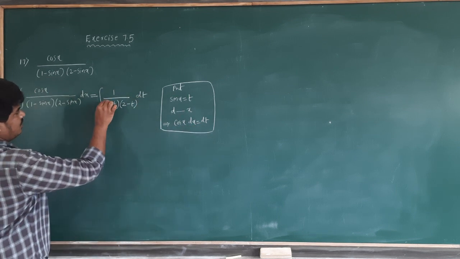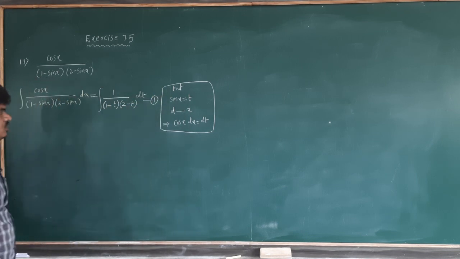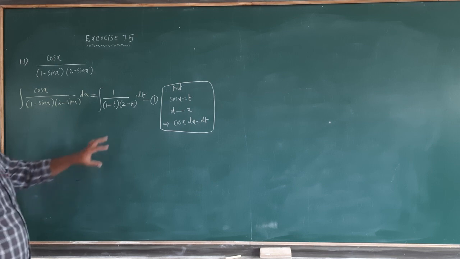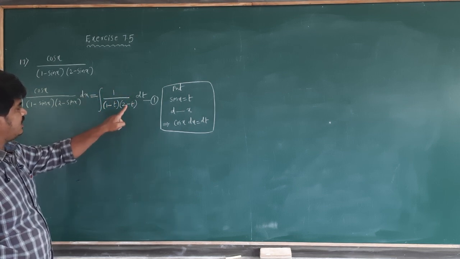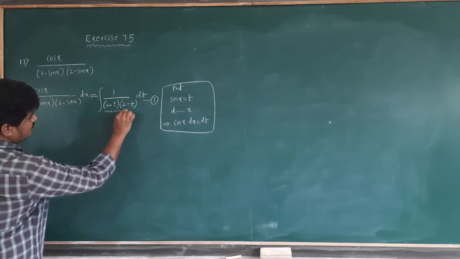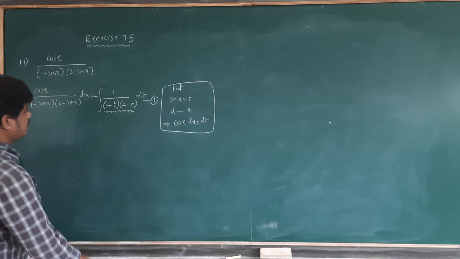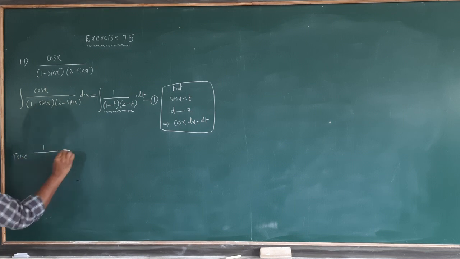Now take it as equation 1. Now in the integral we have this 1 divided by 1 minus t, 2 minus t. We'll take outside and we'll simplify and next we'll substitute. Now take outside what? Take 1 divided by 1 minus t into 2 minus t.